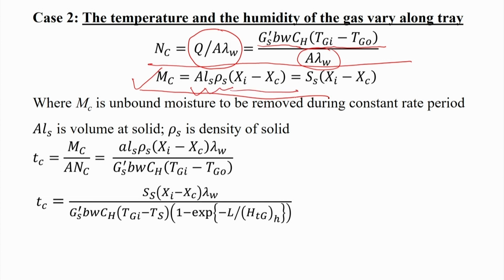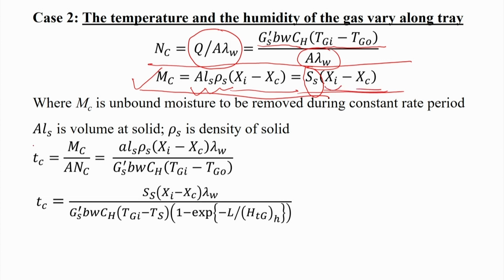We have already derived this; it is nothing but Ss into (Xi minus Xc). Here Ss is the amount of wet solid we have, Xi is the initial moisture content, and Xc is the critical moisture content.